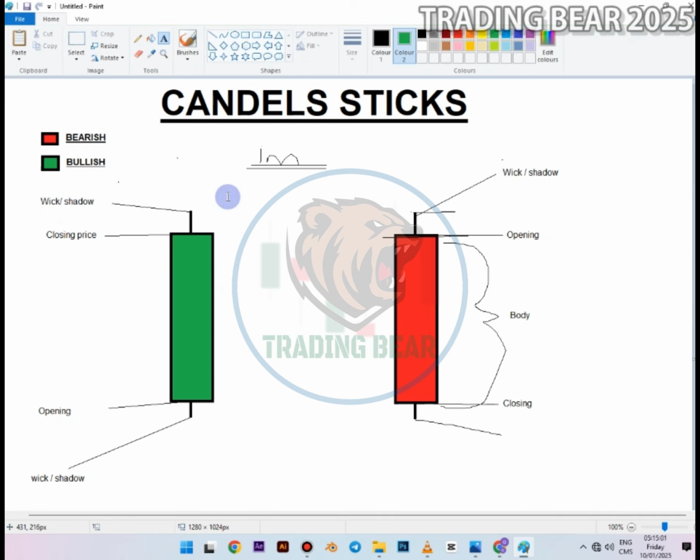Okay, so now we bring the same idea from here up to this bullish candlestick. We can say this is our opening, so this is our focal point.